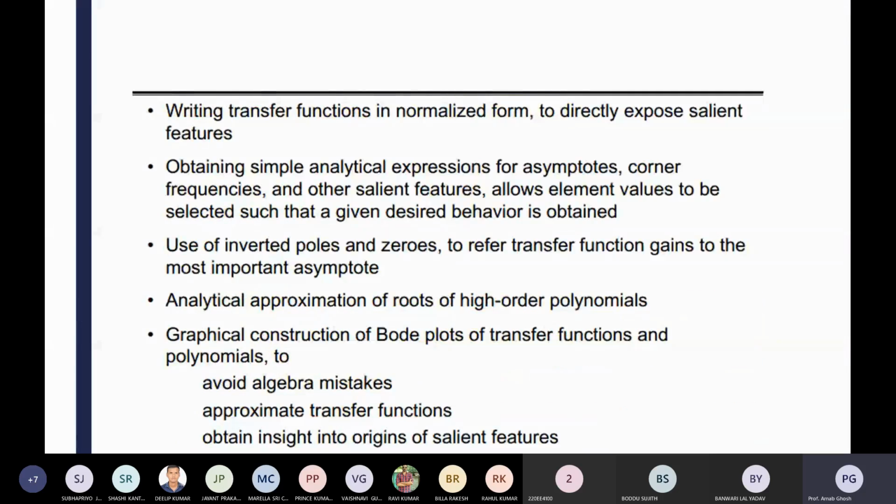Another point: write the transfer function in normalized form. You have to find the transfer function and write it in normalized form, which directly exposes the salient features. If you write it in that manner, you can understand the salient features I am discussing right now. Obtain simple analytical expressions for asymptotes and corner frequency. You have to focus on a few points: your asymptotes, your corner frequency, and other salient features.